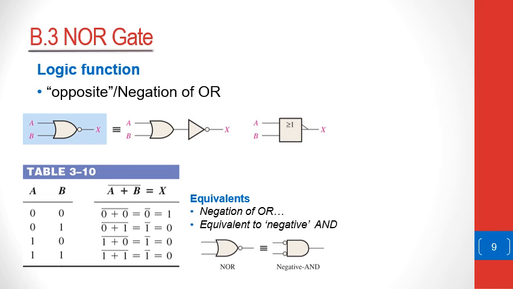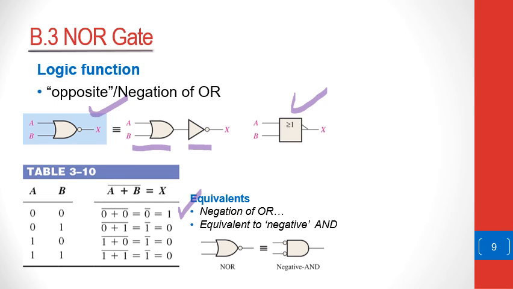The next gate is the NOR gate. The NOR gate is the opposite of an OR gate. It has this and that symbol. It's like an OR gate with a bubble in front, an OR gate plus a NOT gate. And it operates as the opposite of the OR gate, which means the output is high whenever all inputs are 0.